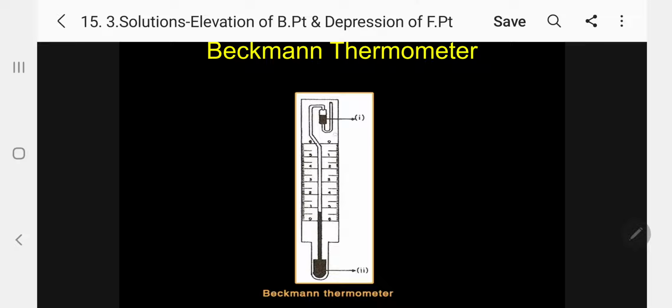And the other side again starts from 0, 1, 2, 3, 4, 5, 6. What is the speciality of this Beckman thermometer? Inside there is mercury. We use this thermometer to measure only the difference in depression of freezing point. It will not measure the actual freezing point of the solvent or of the solution. It will measure only the difference between these two.